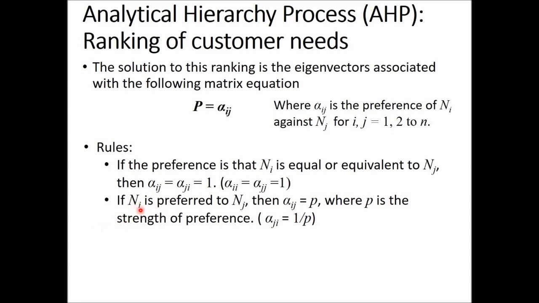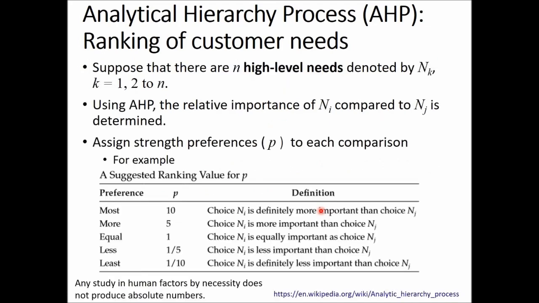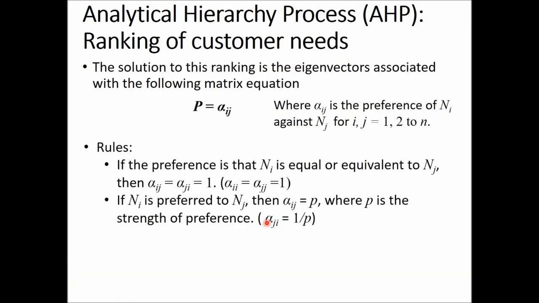And if Ni is preferred to Nj, then we call alpha ij P, where P is the strength of preference, and otherwise alpha ji will be 1 upon P.